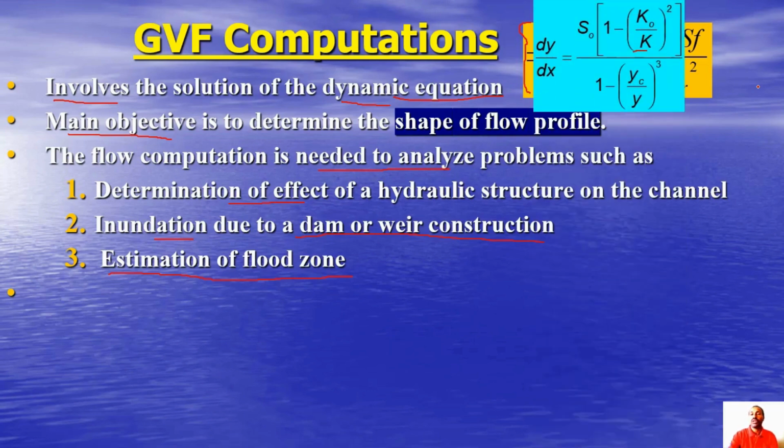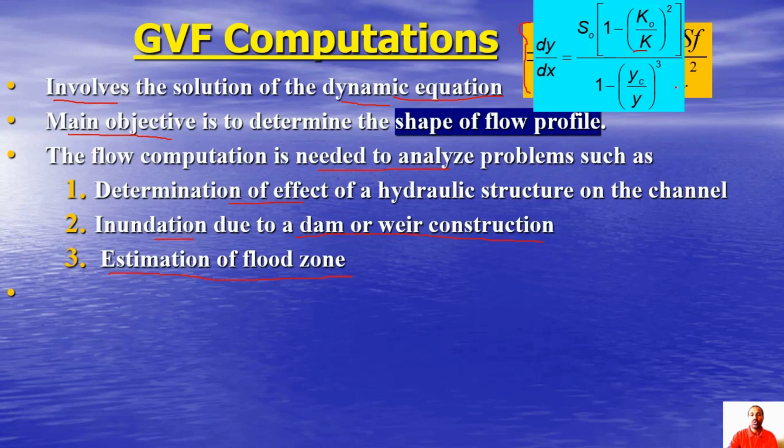Sometimes you may have this equation in terms of conveyance of the channel, meaning the carrying capacity of the channel. You have S0 times (1 minus (K0 over K) squared), where K0 is the conveyance at normal depth of the flow and K is the conveyance at the total depth of water, divided by 1 minus (Yc over Y) cubed, where Yc is the critical depth.